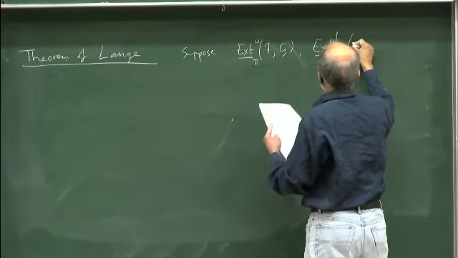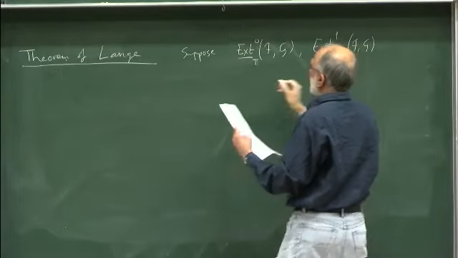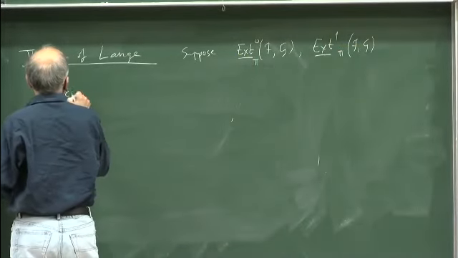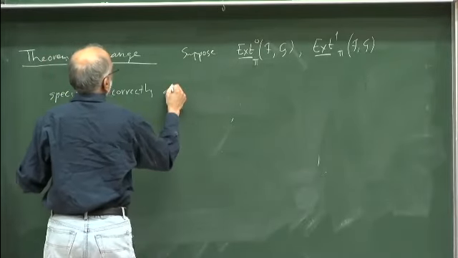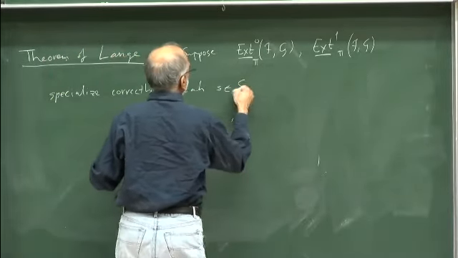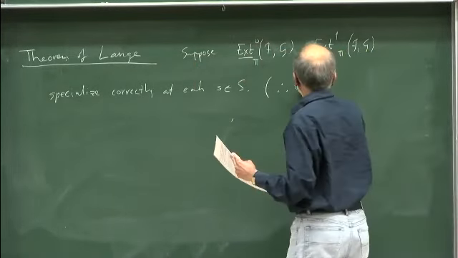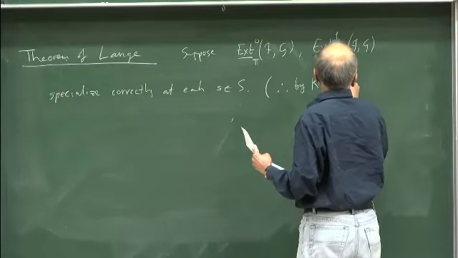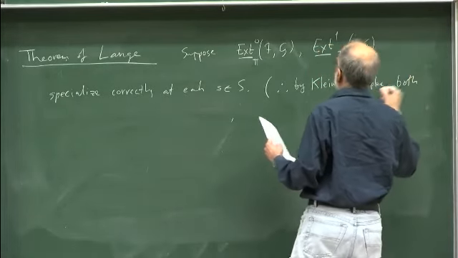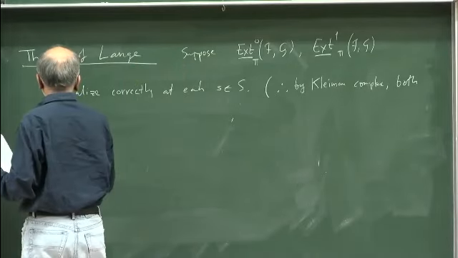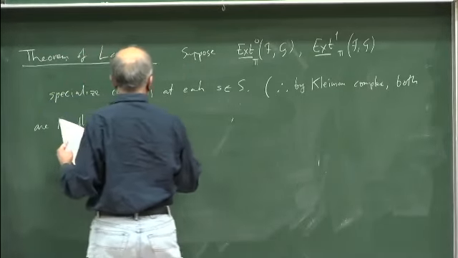So, suppose that these two, f and g, specialize correctly at each s belonging to S, and therefore, by the Kleiman complex, both are locally free and base change correctly.